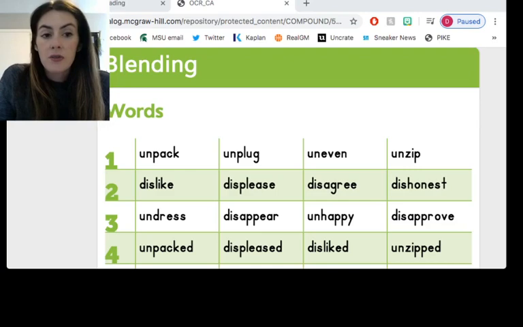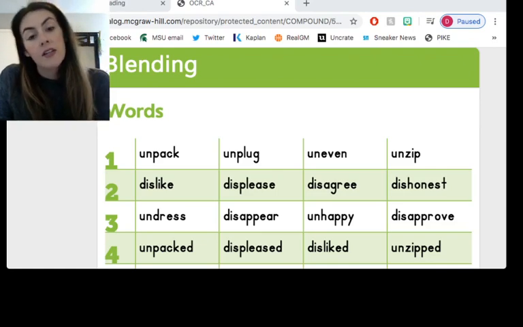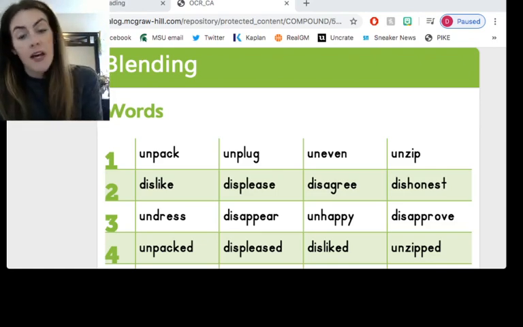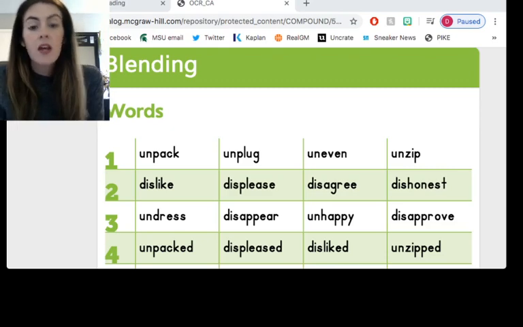Let's go to this third word on the first line right here. We have un, long e, uneven, uneven. Very nice. Slide over to the last word on line 1. Unzip, unzip.